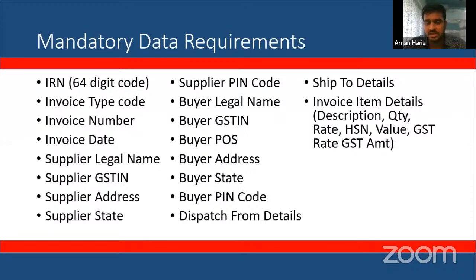Moving on, dispatch details, your ship to details, all of these are also required if they are applicable. And lastly, you have your invoice items, description, rate, GST, all of these details for the particular supply, whether it is goods or service, are also going to be mandatory while generating your e-invoice.